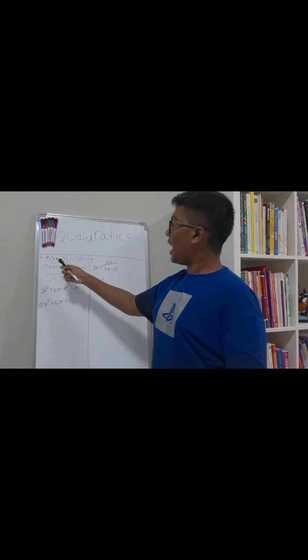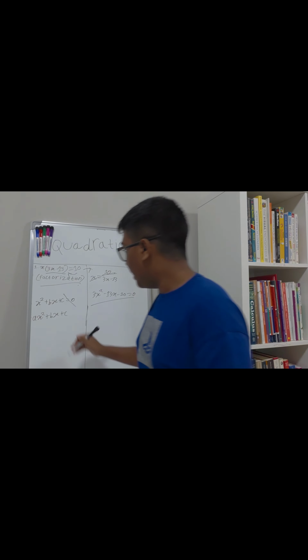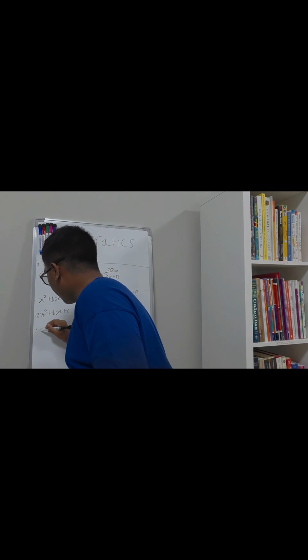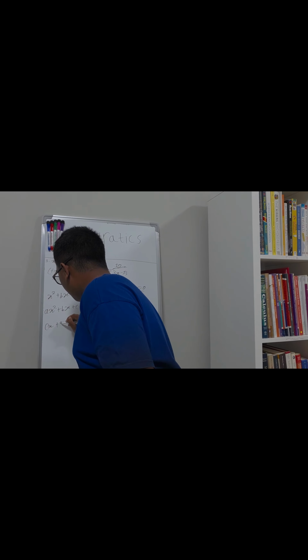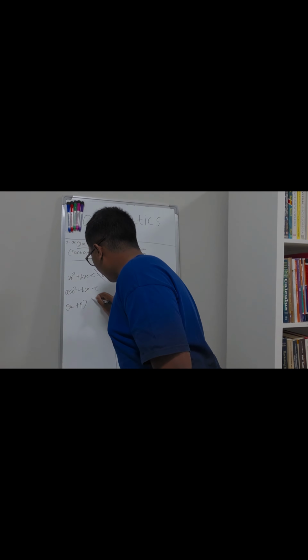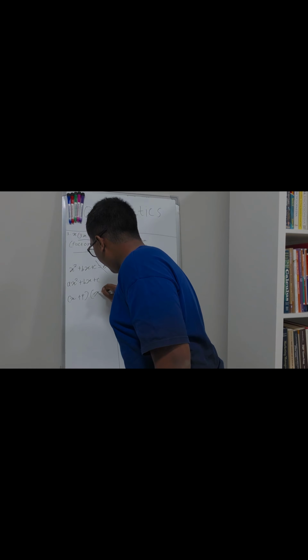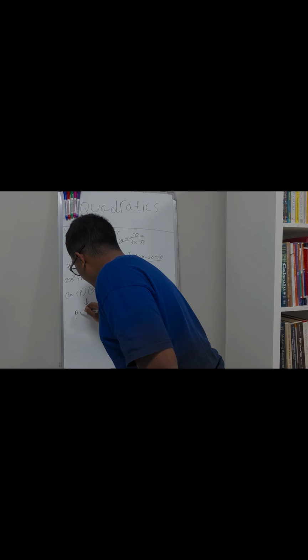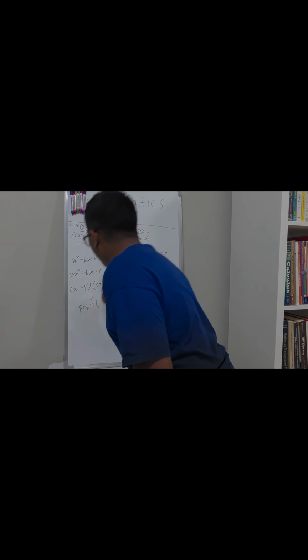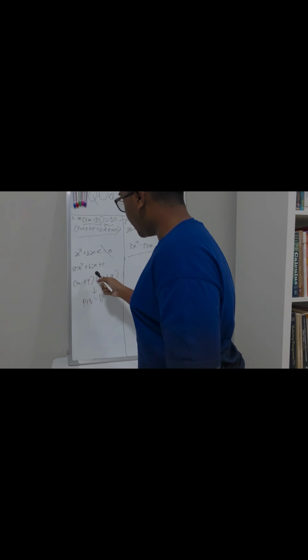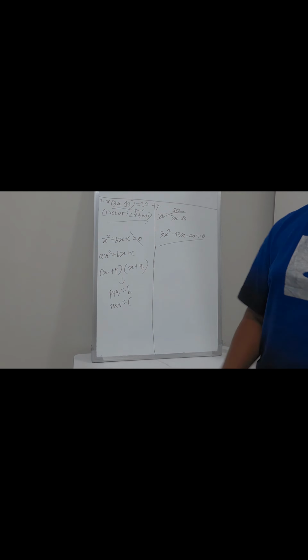Now there are two very important rules to figure out. Factorization goes like this: we have x plus p times x plus q, and P plus q has to equal b, the b here, and p times q has to equal c, as you can see here.